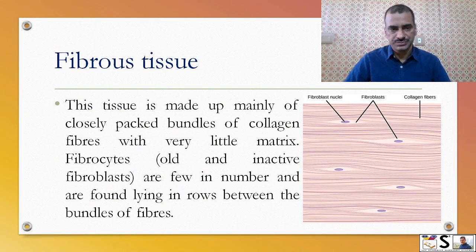Fibrous tissue. This tissue is made up of mainly closely packed bundles of collagen fibers with very little matrix. Fibrocytes are old and inactive, their number is very less, and they are found lying in rows between the bundles of fibers.